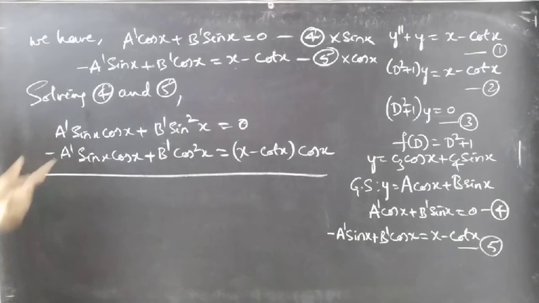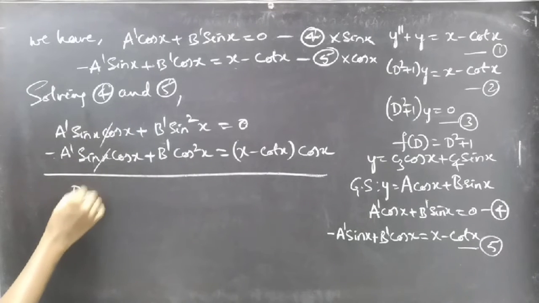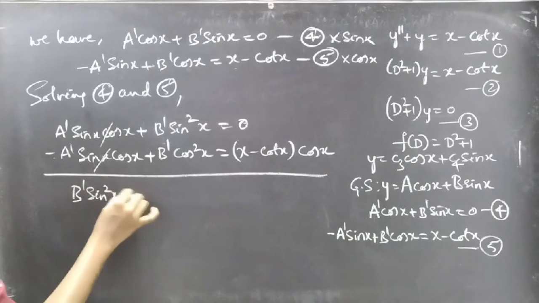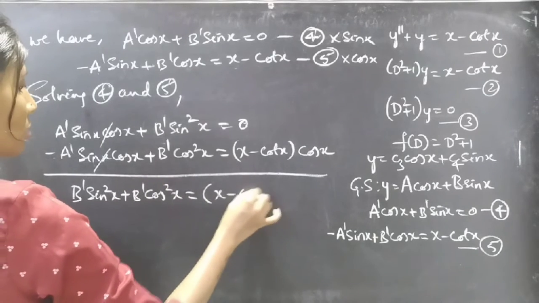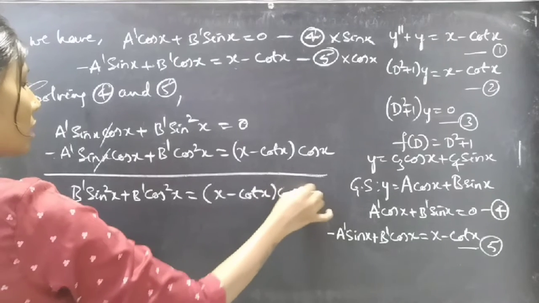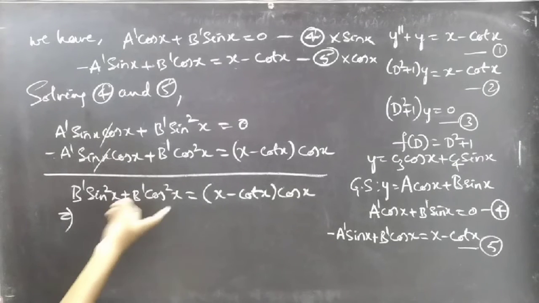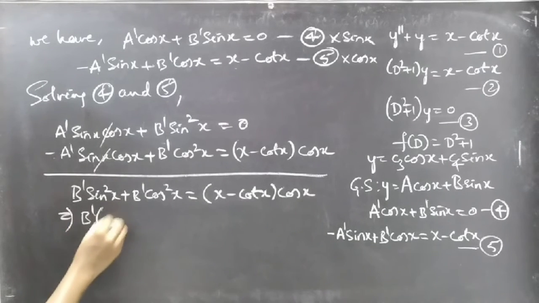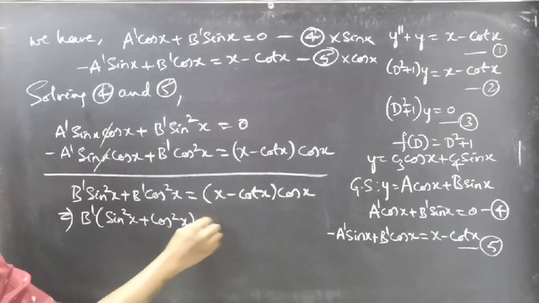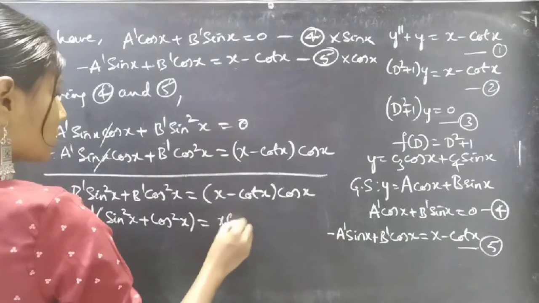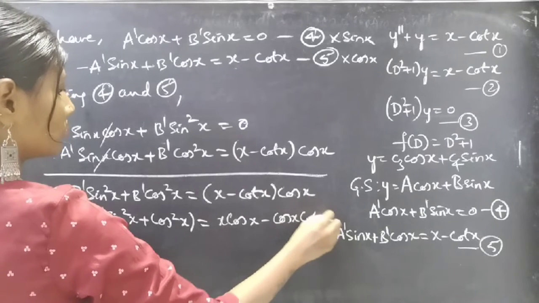Right? So here plus a dash sin x cos x minus a dash sin x cos x gets cancelled and we'll get b dash sin square x plus b dash cos square x equals x minus cot x into cos x. I'll just take b dash common from the two terms of LHS, we'll get b dash times sin square x plus cos square x equal to x cos x minus cos x into cot x.